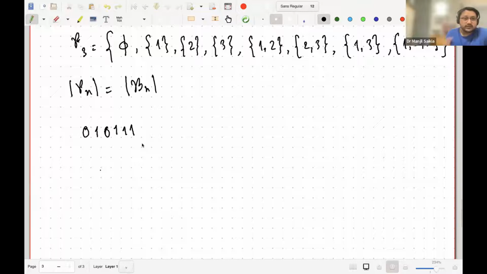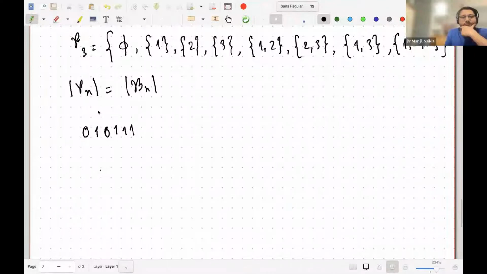To show that the number of elements in this set is equal to the number of elements in this set, it is enough for me to assign uniquely each element from this set to an element of this set, and conversely to assign uniquely one element from this set to another element from this set. And if I can do that, then I would have shown that the number of elements in these two sets are equal. So how can we do this?